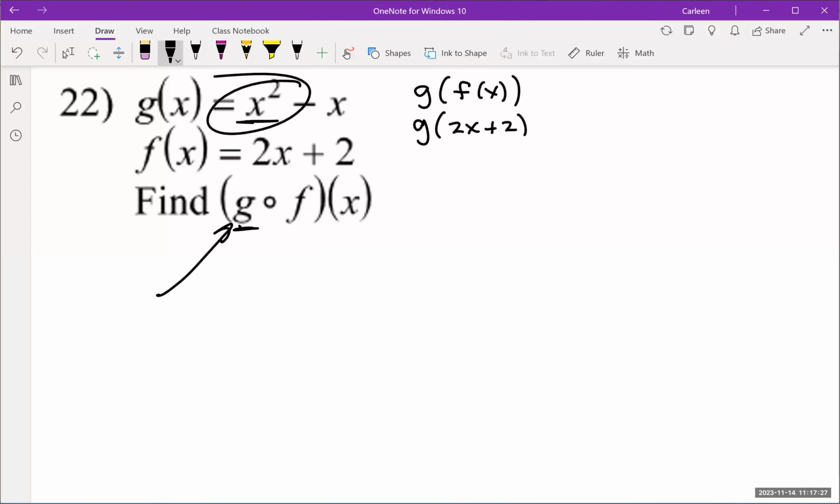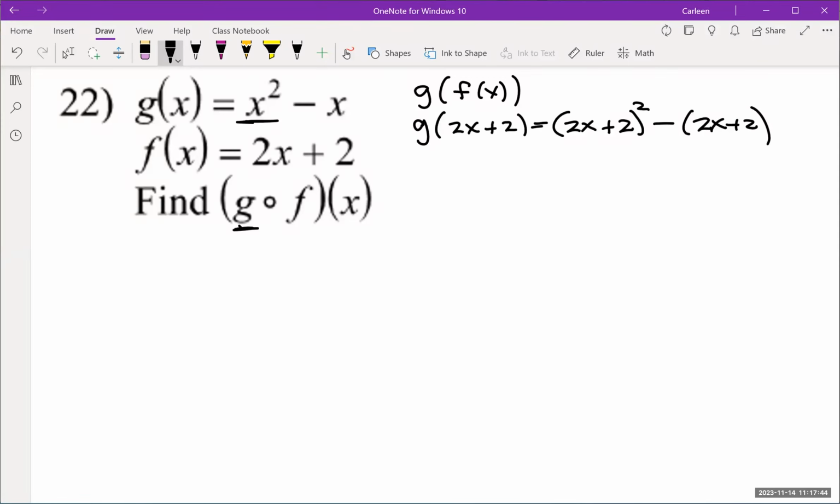Even I don't like them. So I'm going to take 2x plus 2 and plug it in both places. Whenever I do these, I look at them and I'm like, if the F was the first one, yay, that was not bad. If the one with the exponent is the first one, it's bad.